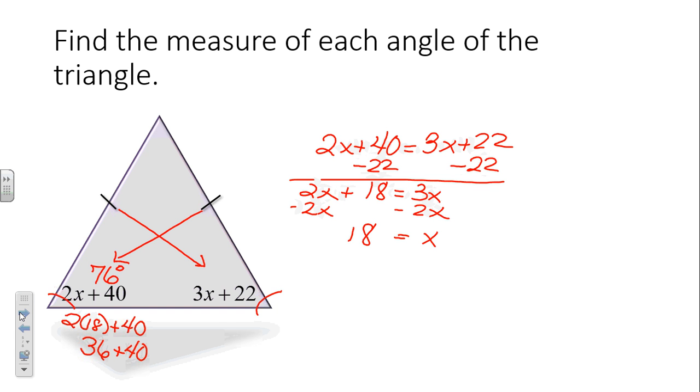And these have to be the same, or we did something wrong. Good. And then they want us to find all the angles, so we got to find this other one. Okay? So 152, 180 minus 152.